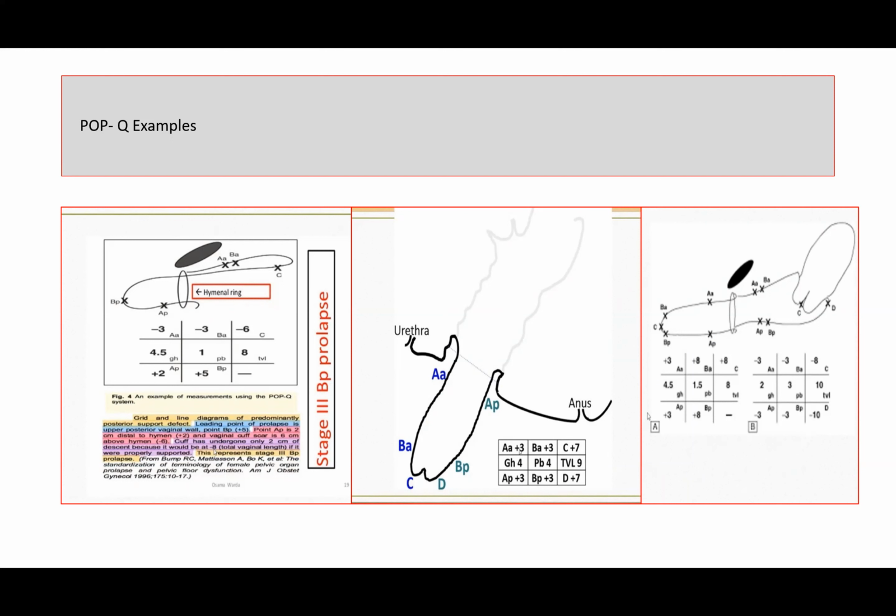Stage 3 prolapse is more than plus 1 up to less than total vaginal length minus 2. Here total vaginal length is 8. So 8 minus 2 is 6, and the value is going to be less than 6 in stage 3 prolapse. So this is your stage 3 prolapse.